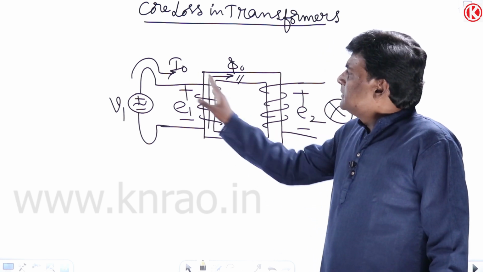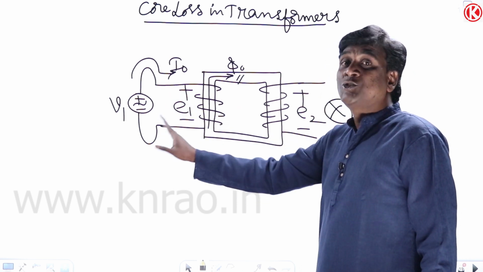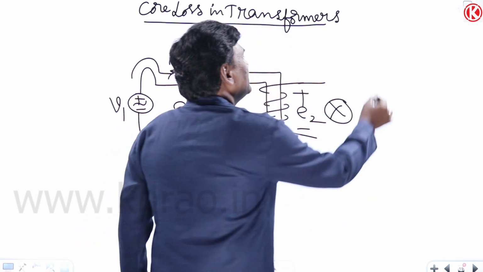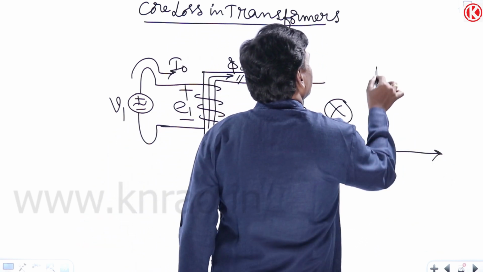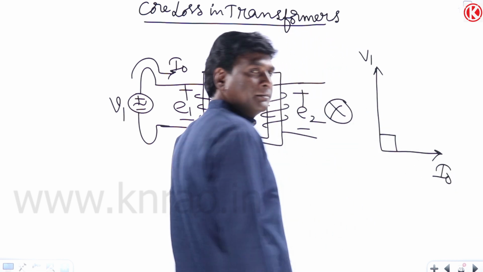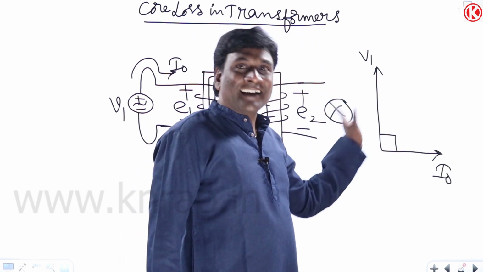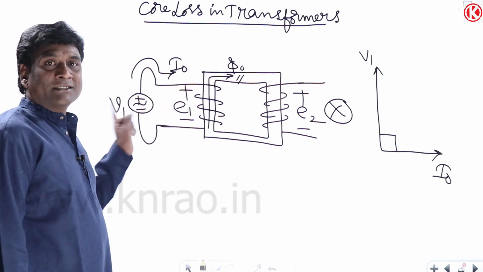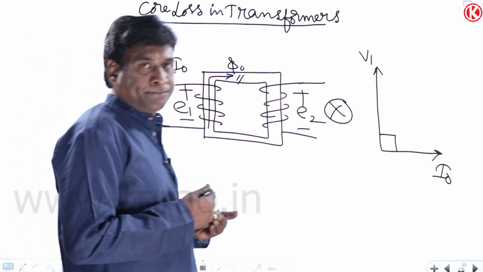Such that the active power taken from the source is 0. If it is V1, I0 would be 90 degrees from it, such that voltage times current times cos of the angle, cos 90, is going to be 0. So my source need not supply any active power, to be precise.